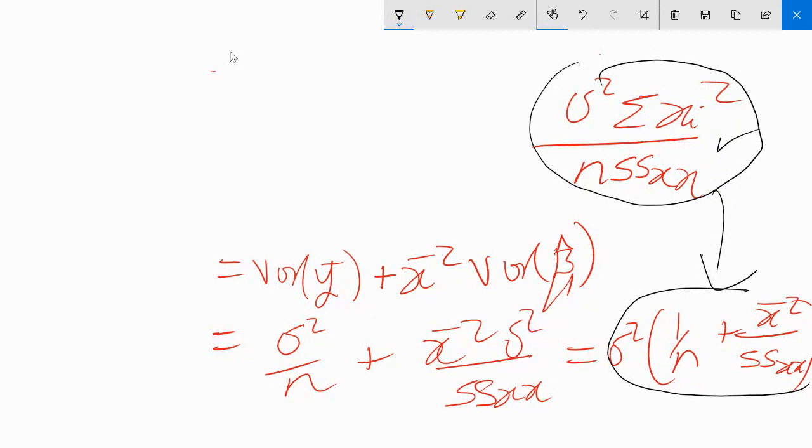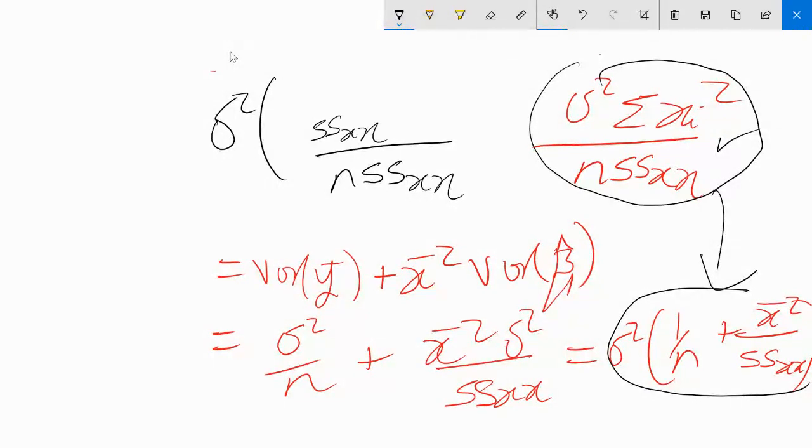So from here we have sigma squared, and we have n SSxx, and this to here will have SSxx multiplied by 1. Then these two will have n multiplied by x bar squared, which will give n x bar squared.